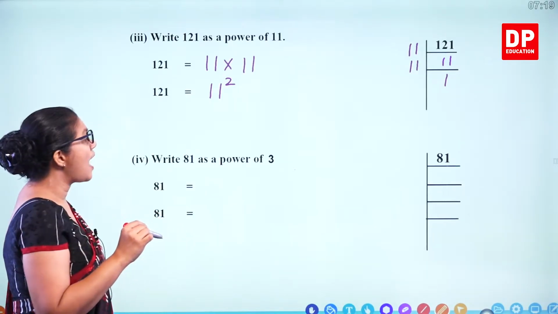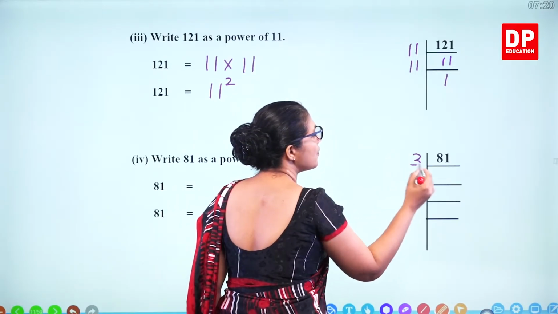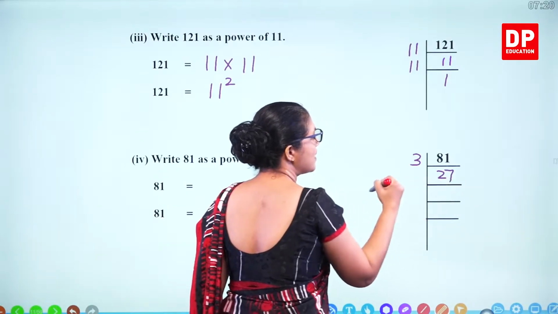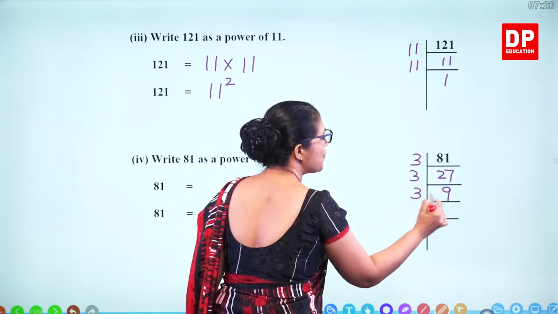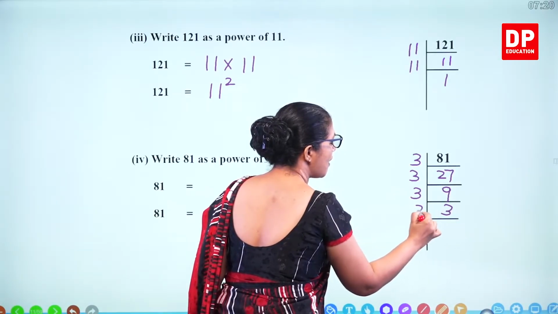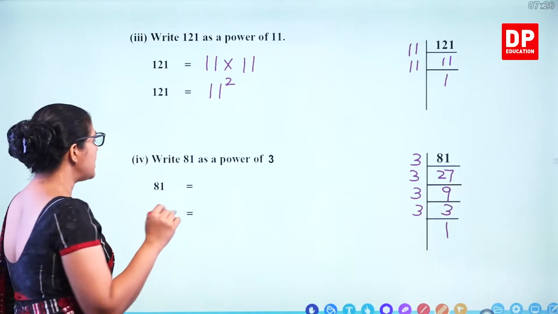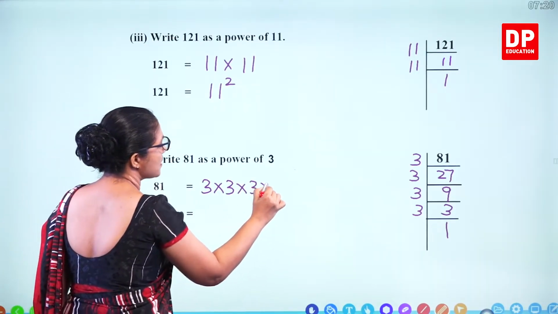Write 81 as a power of 3. So divide by 3. 3 times 2 is 6, and for 21, that's 27. Divide by 3 again, 9. Divide by 3 again, 3. Divide by 3 again, that's 1. So you can write 81 as 3 four times.